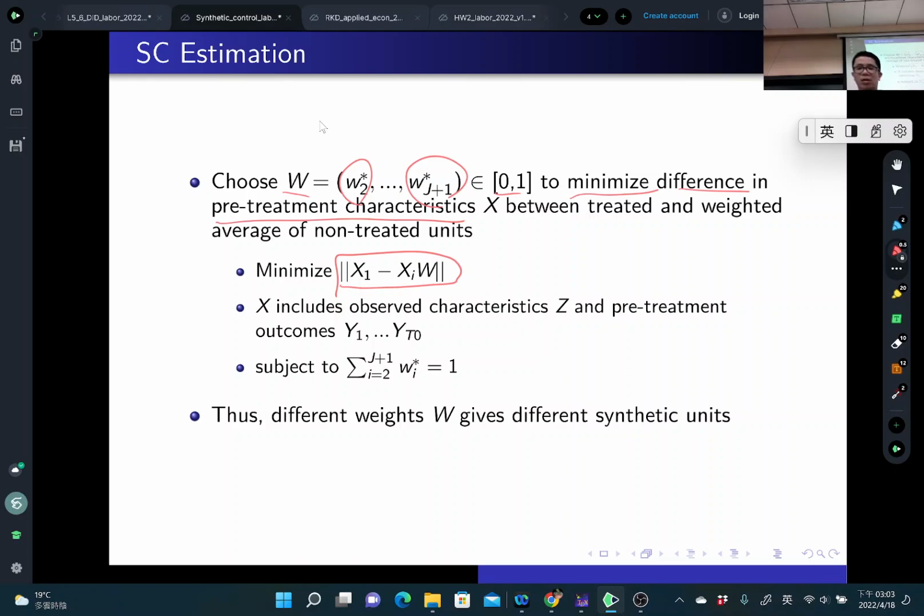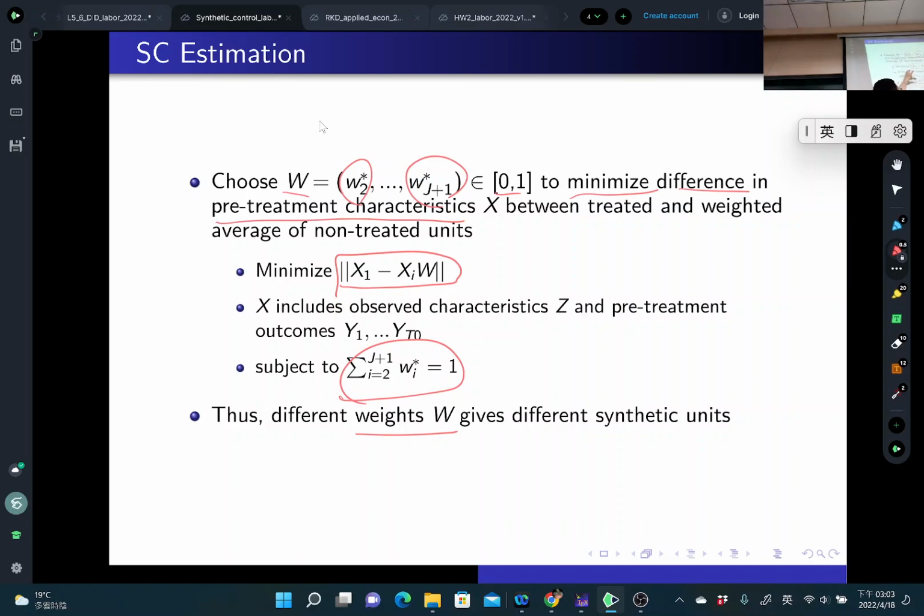We also have some regularization. That is, the sum of the weights needs to be 1, and cannot be bigger than 1. That means the weights need to be positive but cannot be more than 1. Okay. So you can imagine different weights will give you different synthetic control units.